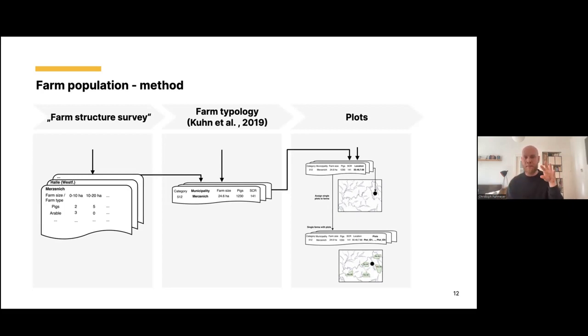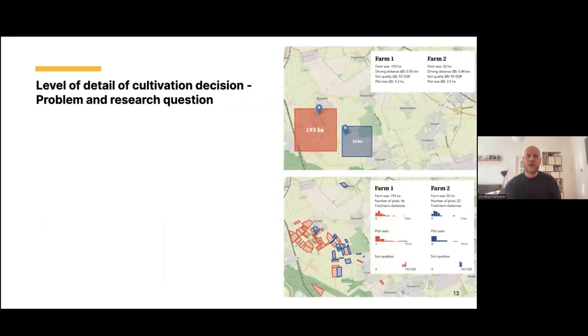From that we sampled the number of farms within a municipality, for instance, and then we assigned random plots, so that the farm size is met quite well, and also, depending on the specialization, the crop shares somewhat fit.